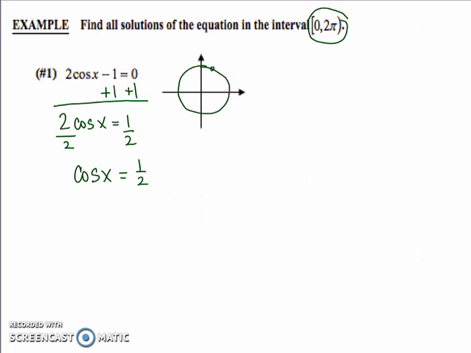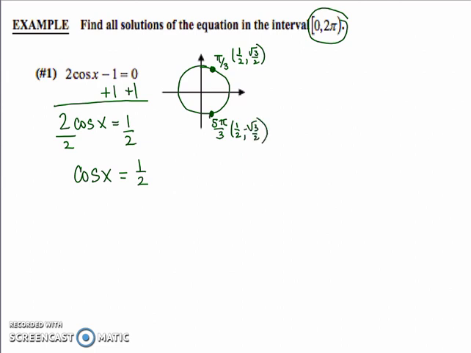It's going to occur in the first quadrant at pi over 3, and it's going to occur in the fourth quadrant at 5 pi over 3. Those are the two locations where my ordered pair has a 1/2, and then this is square root of 3 over 2. This one is 1/2, negative square root of 3 over 2.